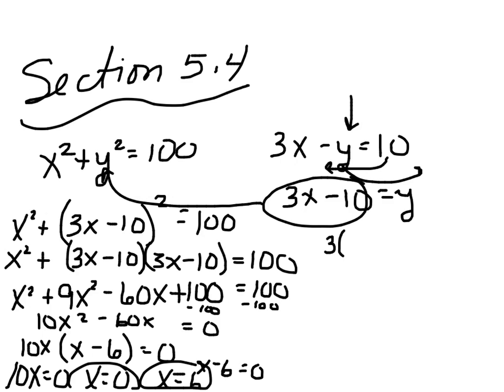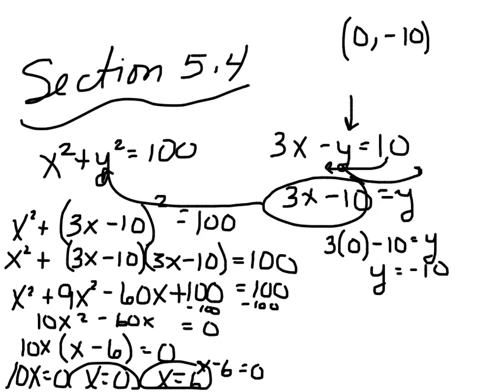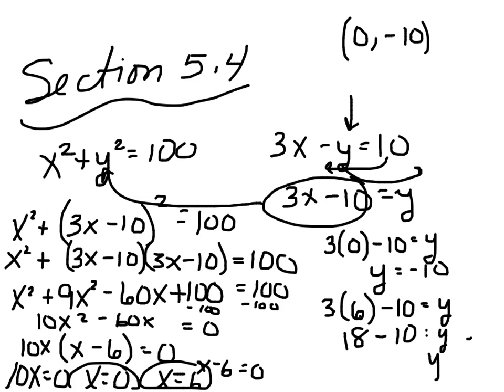So 3 times 0 minus 10 equals y. So y would equal negative 10 in this situation. So this ordered pair of 0 and negative 10 is one where it would cross. Then if I do 3 times 6 minus 10 equals y, 3 times 6 is 18 minus 10 is y, so y equals 8. So the other ordered pair that would also work is 6, 8.